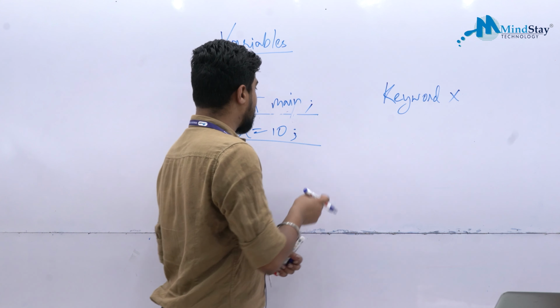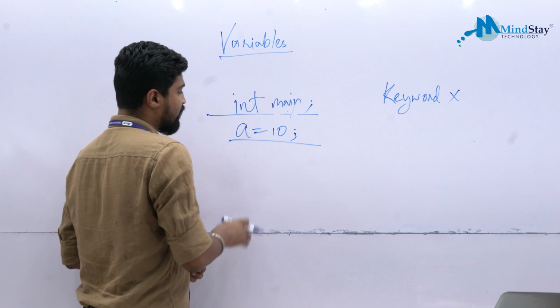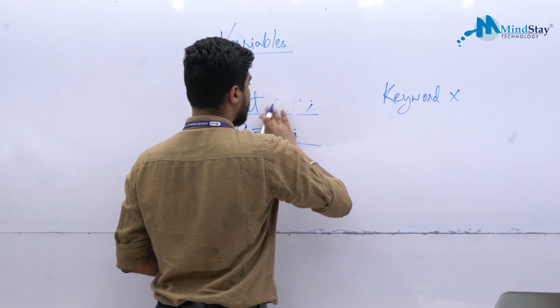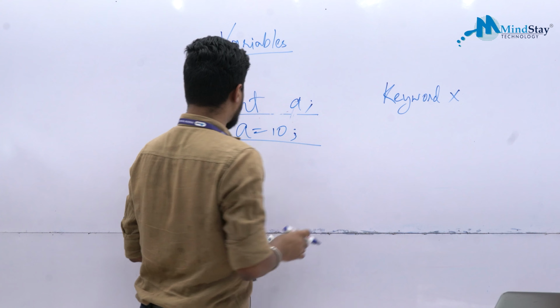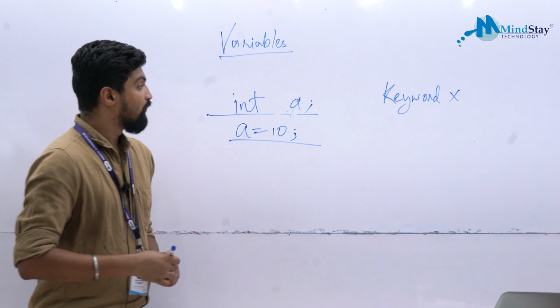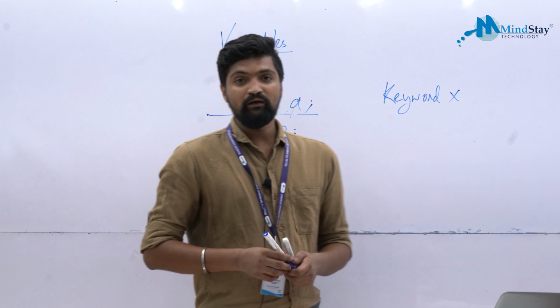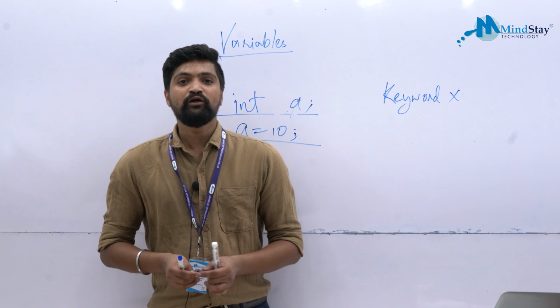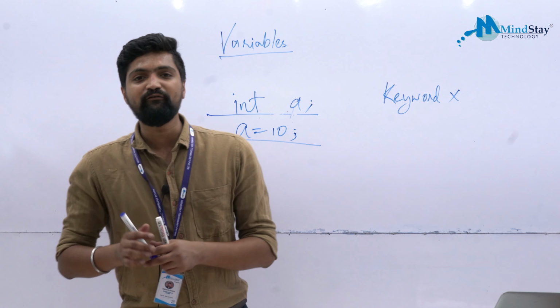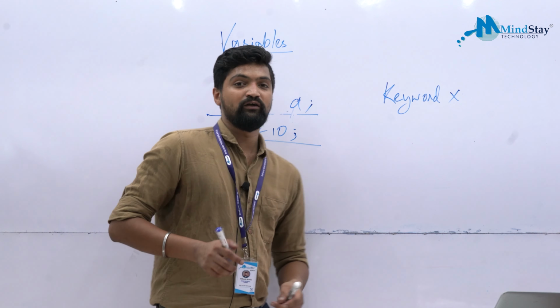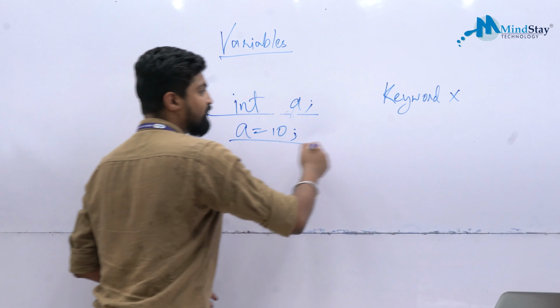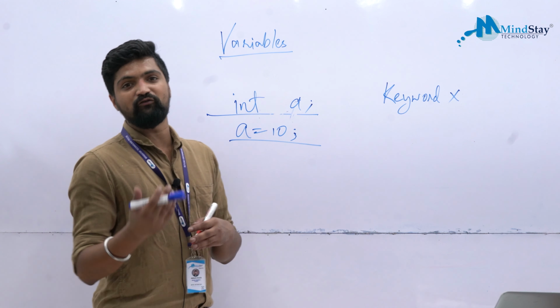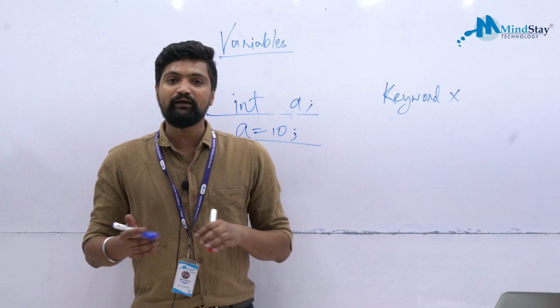So I can only specify it with a, not the keywords. Understand that. The next rule is a variable should be short and meaningful so that you can understand it. Don't write int abcdfg like that, it will become more complex for you to do the code later on.